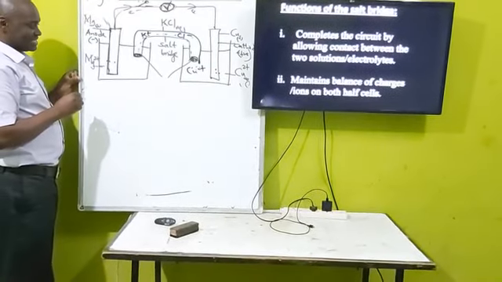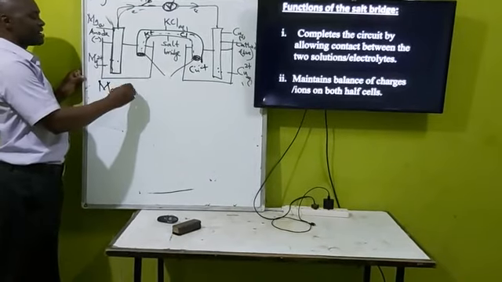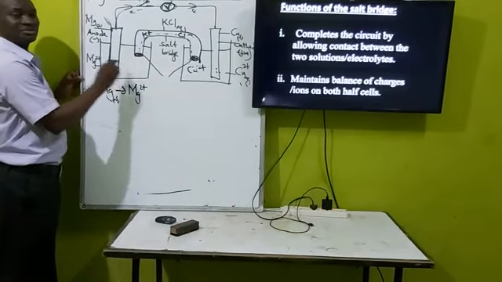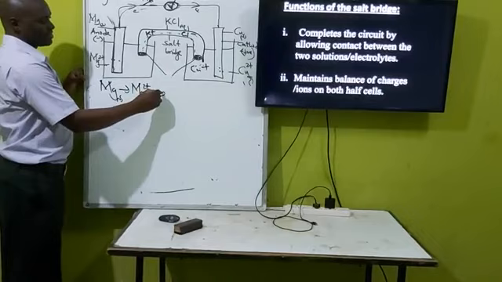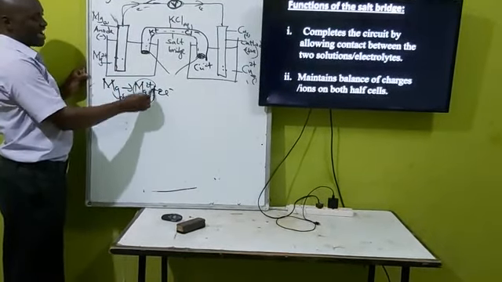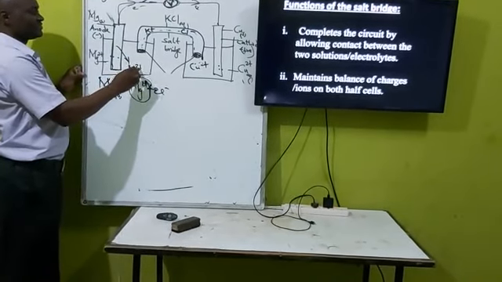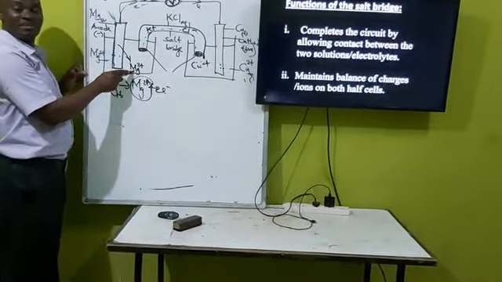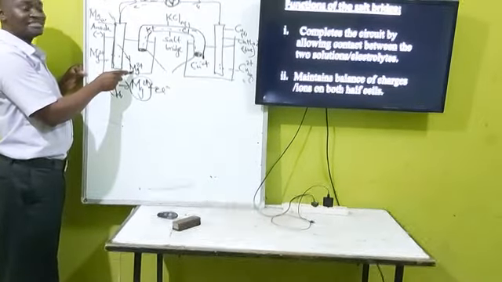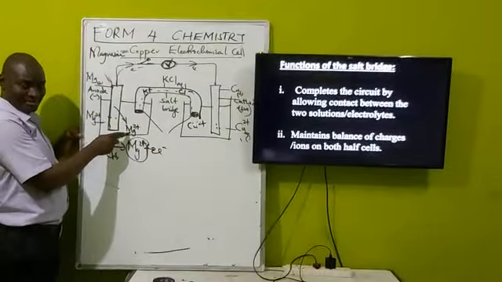Here, the magnesium solid is forming magnesium what? Ions. Where do the ions go? These positive ions move into the solution. So what happens to the number of magnesium ions? It will increase.